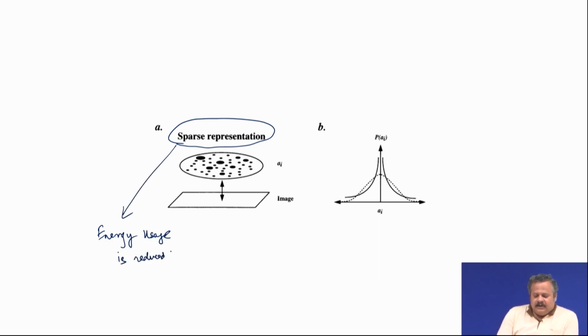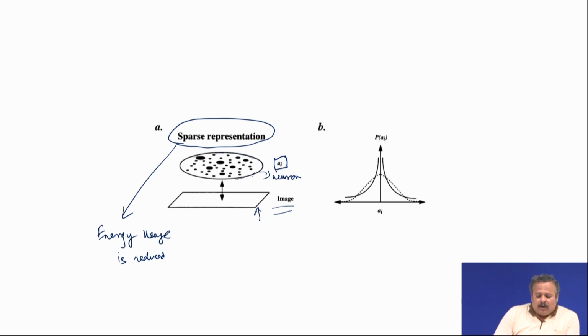So what is represented here? The work they did was on natural images. If we have an image, the parallelogram that you are seeing, that is being represented by the activity of many units or neurons, and A_i is representing the activity of the ith unit that is representing the image.